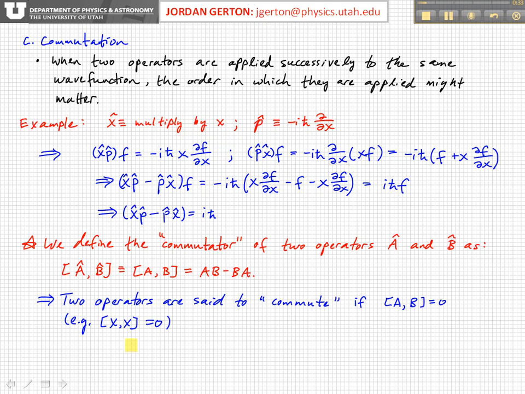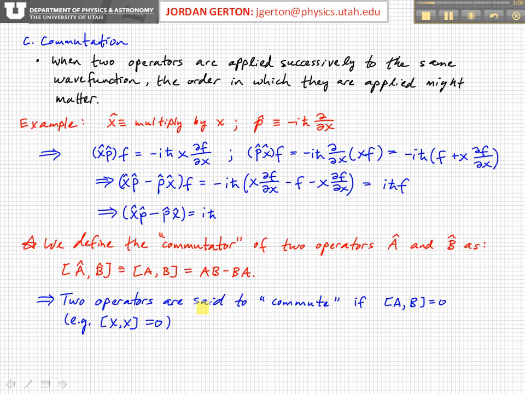We define the commutator of two operators and write it in this form: [A, B], and again sometimes we just leave off the hat, so [A, B] is equal to AB minus BA. Remember, these are operators, so they're being applied to a wave function, but this commutator is just with respect to the actual operators themselves.